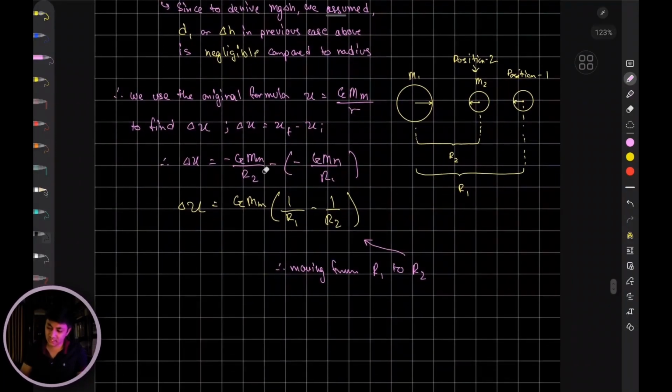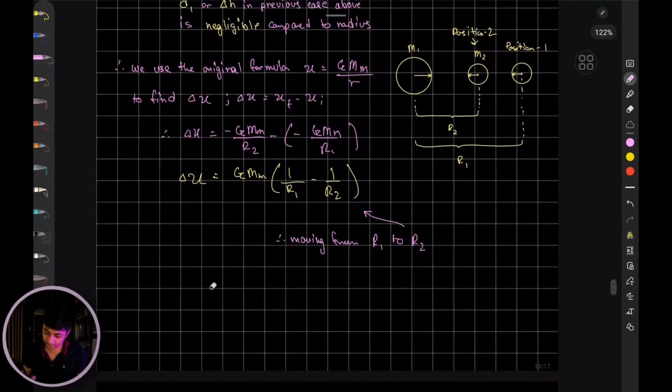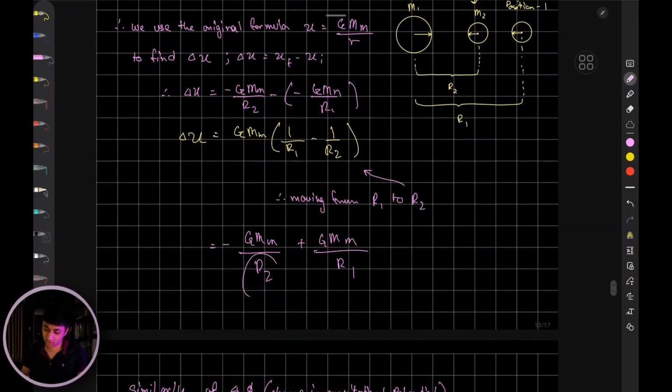So you can plug in the values as minus GMm by R2 plus GMm by R1. R2 is your final position and R1 is your initial position, right?